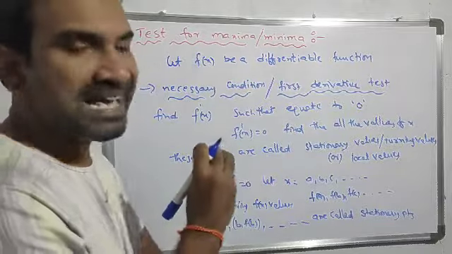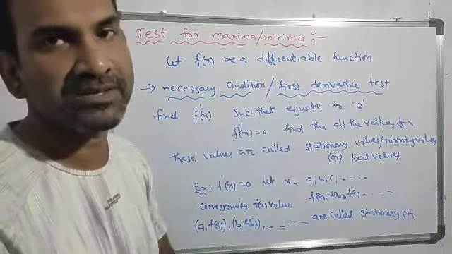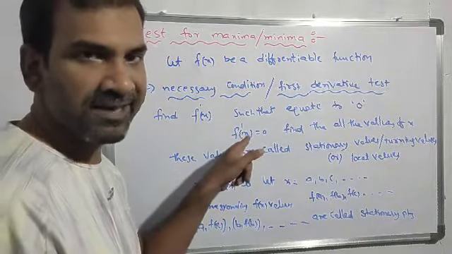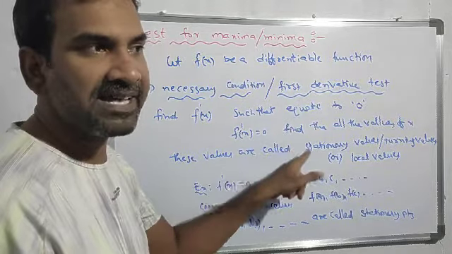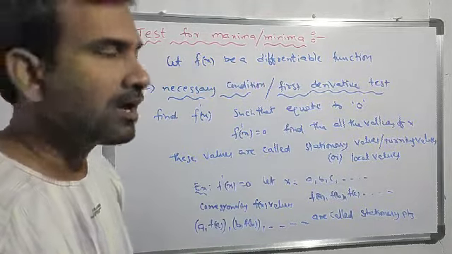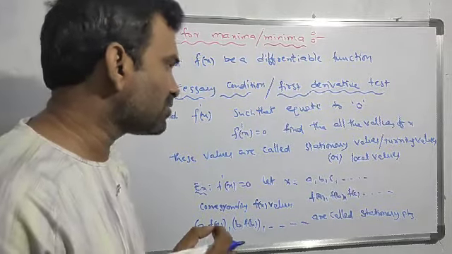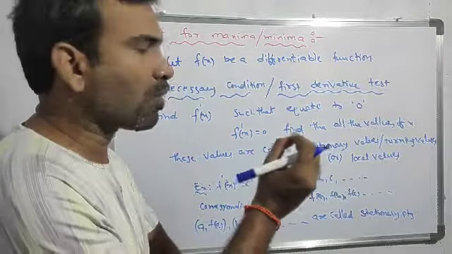So to test the maxima or minima, first we have to take the first derivative test. Here we first find f dash of x, equate that value to 0 and find the x values. Those values are called stationary values, turning values, or local values.